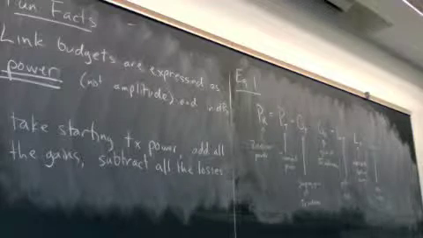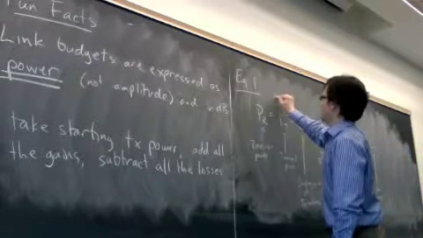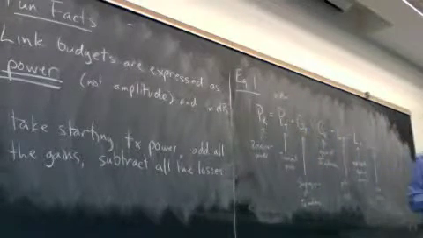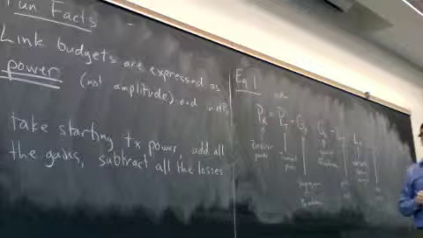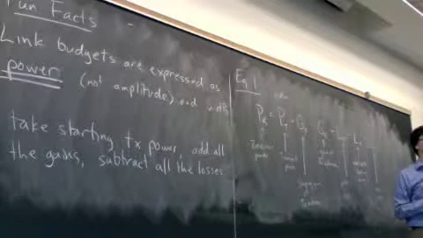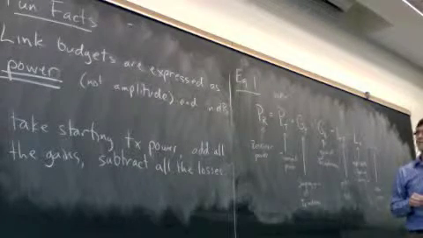So if you start out with, let's say, 30 dBm, in other words, how much power would that be, 30 dBm? 1,000 milliwatts, which would be 1 watt.